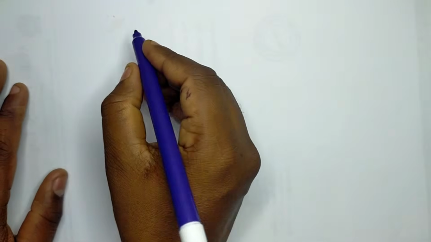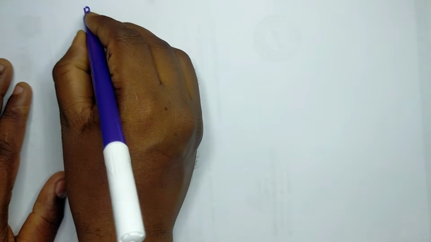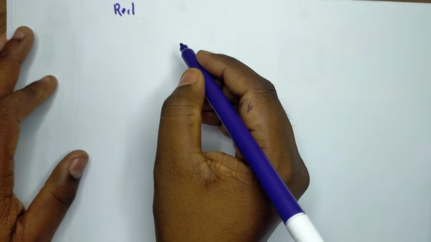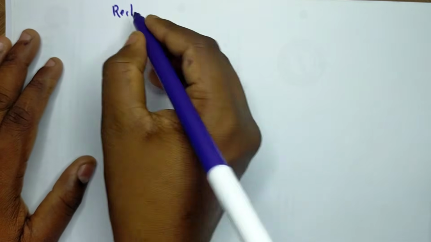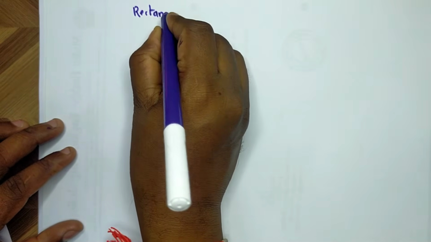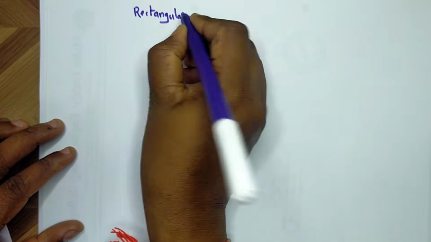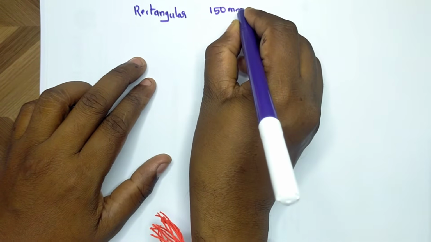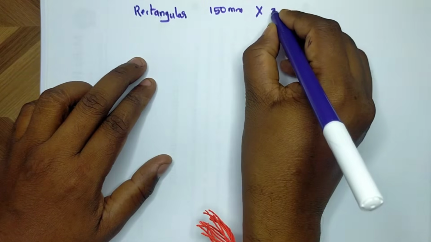I am taking a question. There is a prestressed rectangular girder of cross section 150 mm by 300 mm.